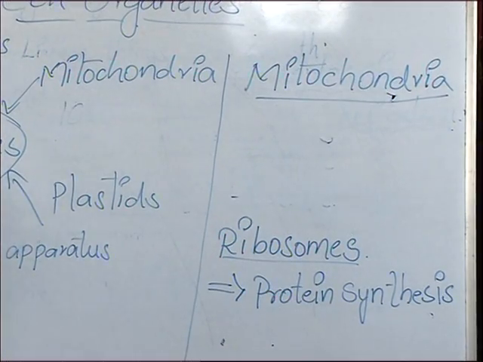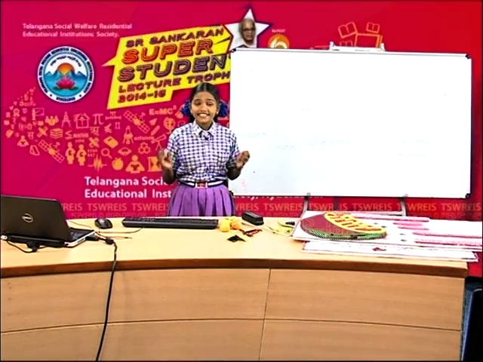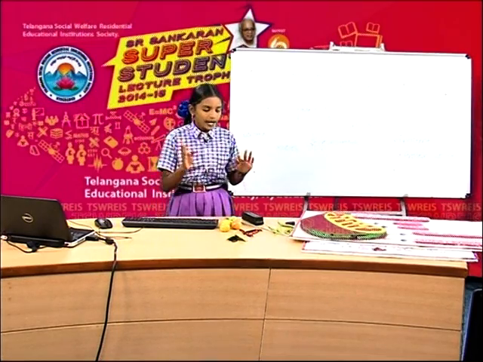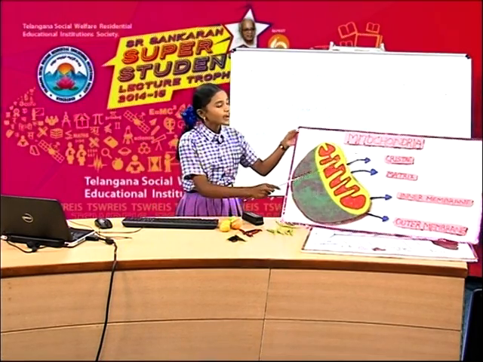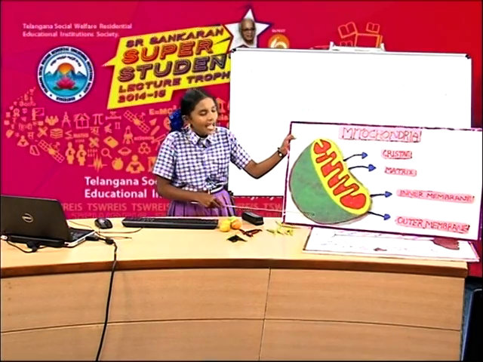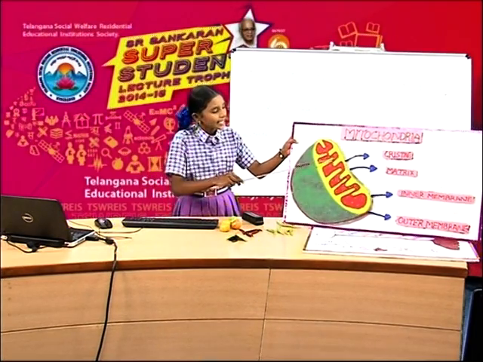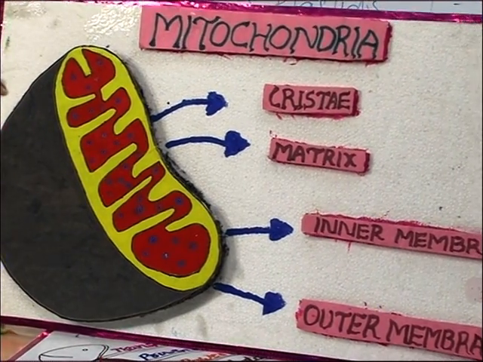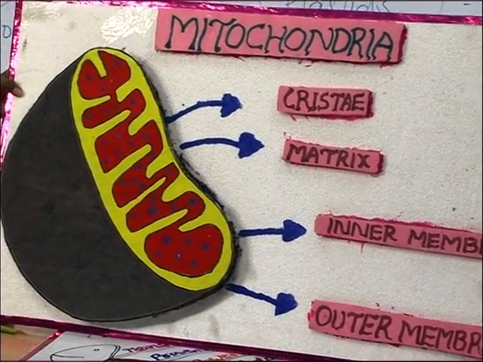Mitochondria is covered by double membrane. One is outer membrane and another one is inner membrane.